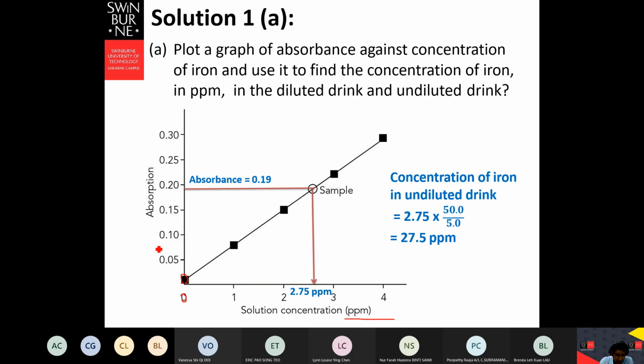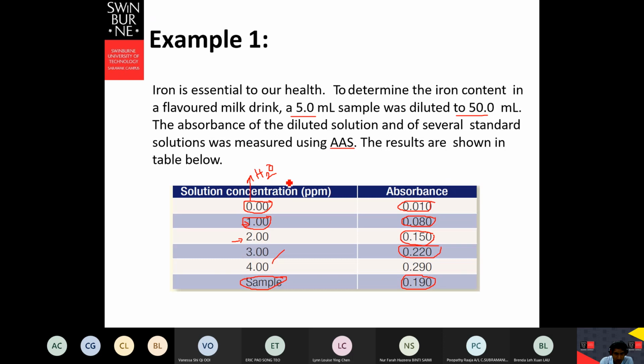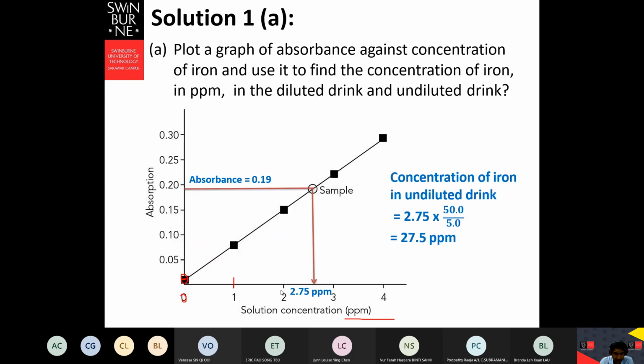So I put at 0, the absorbance 0.1 is here. And at 1 ppm, the absorbance was what? 0.08. So it should be a little bit less than 0.1. Let's say it is here, and then it is here, right?